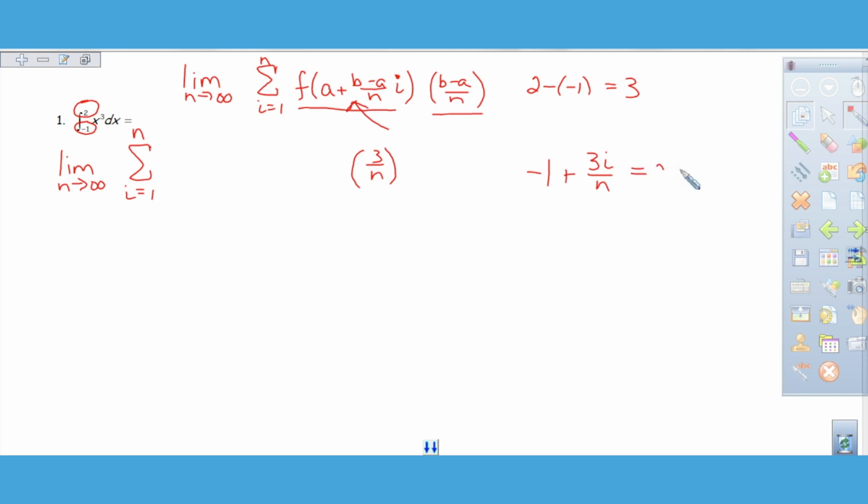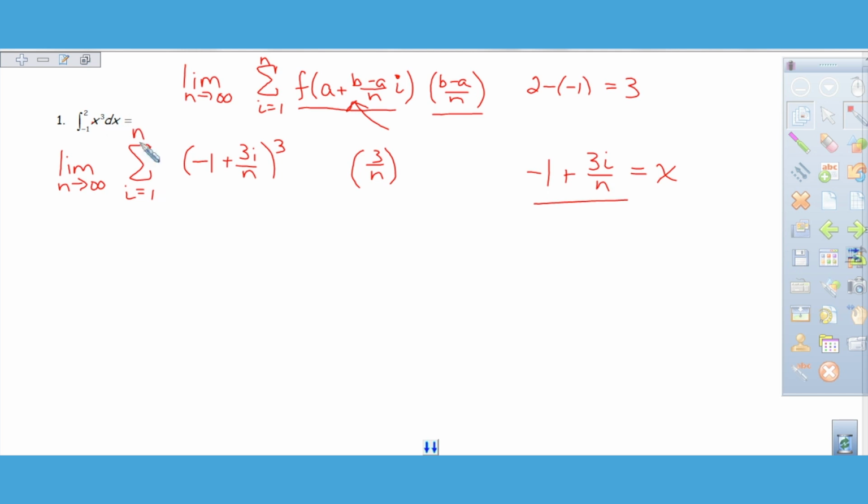So you need to put this wherever the x is in the function. That's x cubed, so I'm going to say negative 1 plus 3i over n, cubed. And there you go. We have taken a definite integral and written it as a Riemann sum.